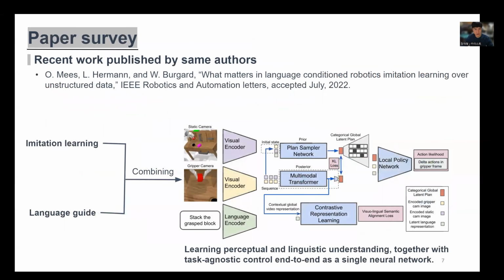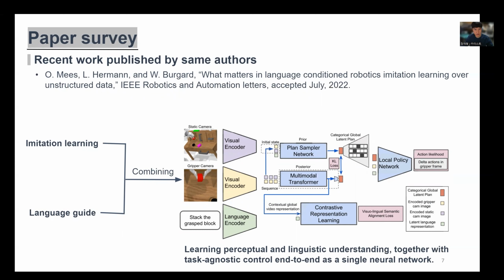We conducted a paper survey in imitation learning for improvement plans. The same authors from ASN published this year a paper titled What Matters in Language Conditioned Robotic Imitation Learning over Unstructured Data.